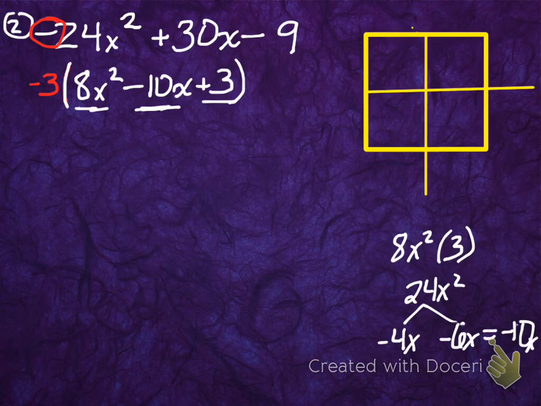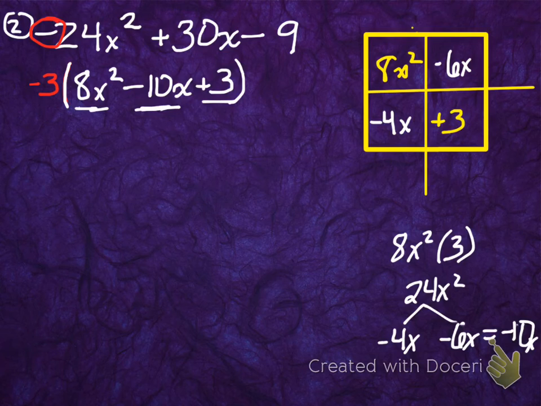So that means that down diagonal is going to get negative 4x and negative 6x. And the other diagonal from the original problem is going to get 8x squared and a positive 3.